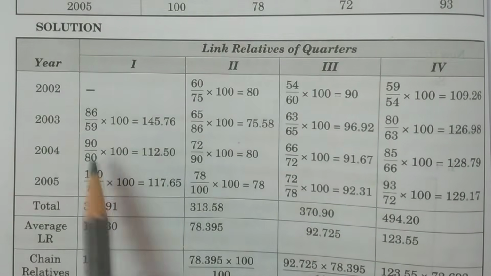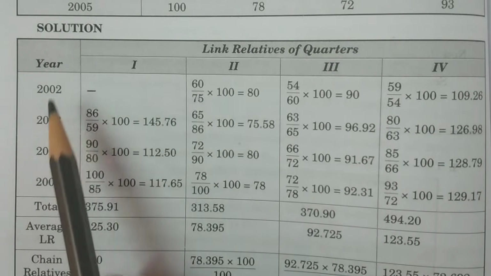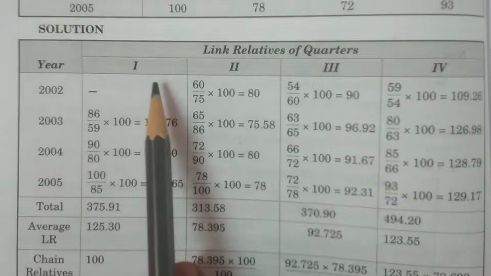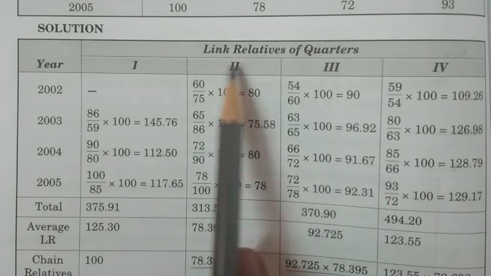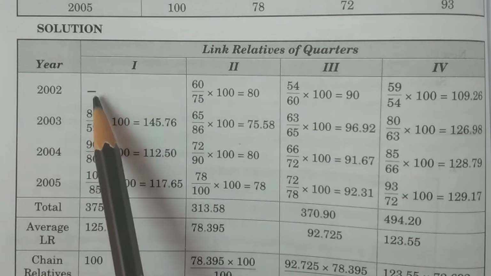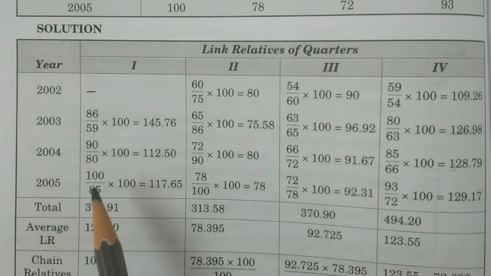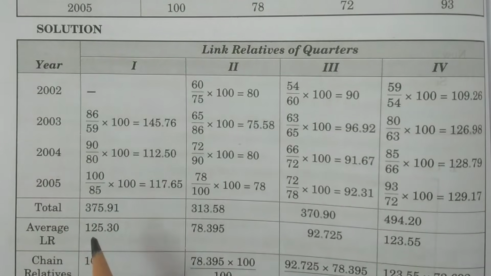You write the data in this form: years 2002, 3, 4, 5 and quarters 1, 2, 3, 4. Take the data for the first figure and leave it, because the formula is current season figure divided by previous season figure, multiplied by 100.